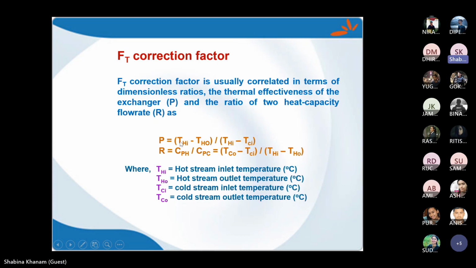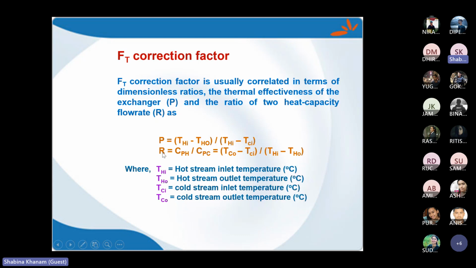You can also consider the colder side, TCO minus TCI. But the maximum value of this P factor should be 1 only, because nothing is more than that. It is not really possible that the difference will be equal to this, but if it is equal, that would be the maximum possible condition. So this P value should not be more than 1.